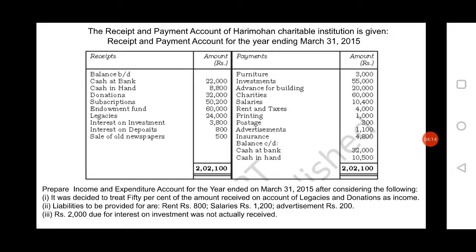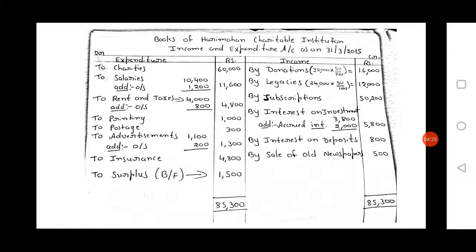The next item in the payment side is insurance 4800. Here related adjustment not given, therefore you have to record to insurance 4800.